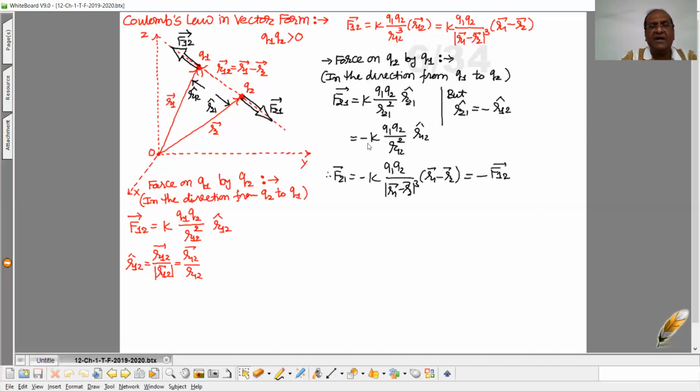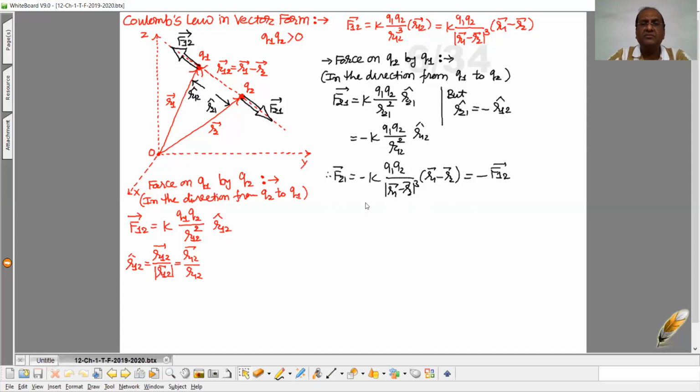So we can write minus k q1 q2 upon r12 squared into r12 cap. Magnitude-wise r21 and r12 are one and the same thing. So resultantly we can write F21 as minus k q1 q2 upon magnitude of r1 minus r2 cubed into vector r1 minus vector r2.